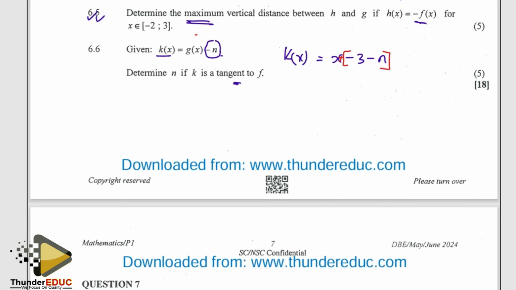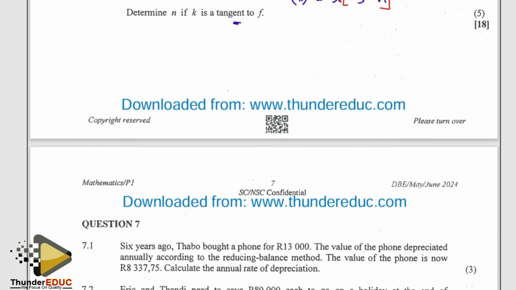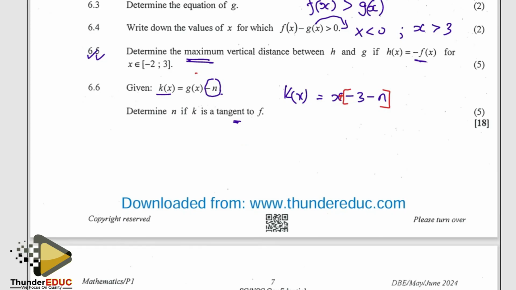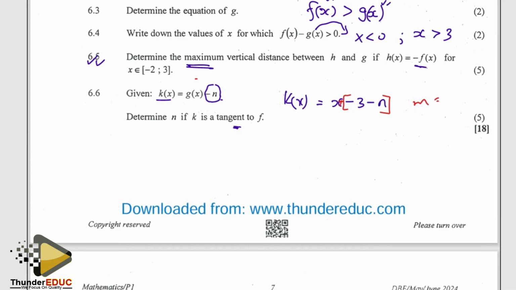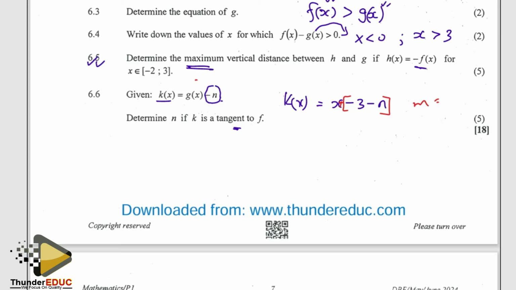But from this, I know that the gradient is a 1 for this line. And now, if we have a tangent and a graph meeting at a certain point, it simply means that their gradients have to be the same.